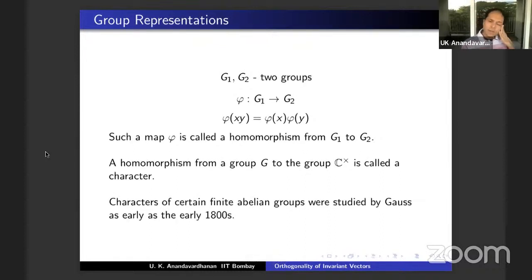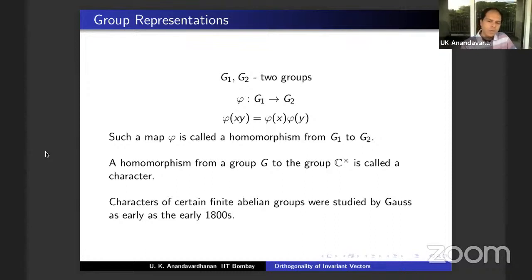In fact, long ago, in the early 1800s, Gauss did work with characters of certain finite abelian groups. All of us know what is called the Gauss sum. A Gauss sum is basically you take a finite field and consider its additive characters valued in C, the additive group of C, and consider the multiplicative group of your finite field and its multiplicative characters, and mix it together, take a sum over those.